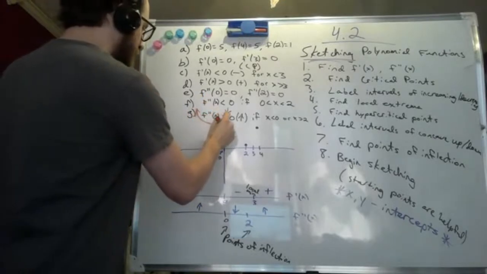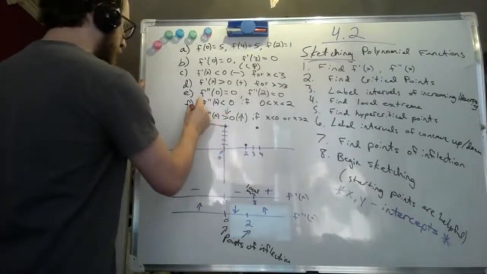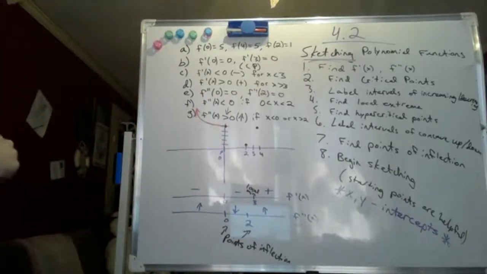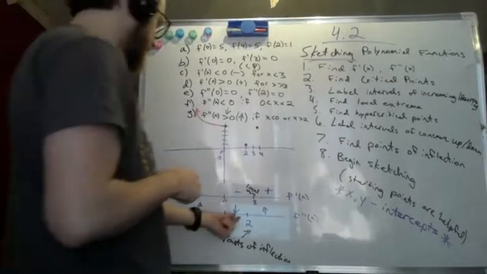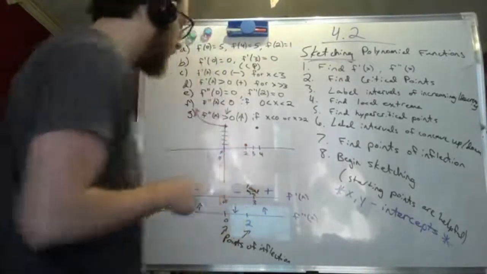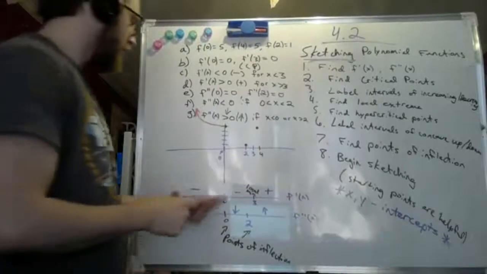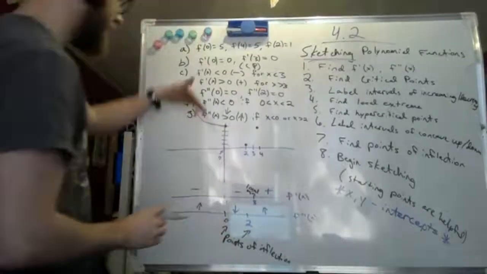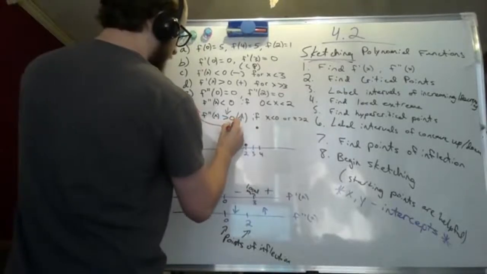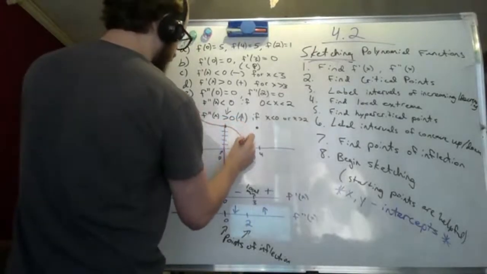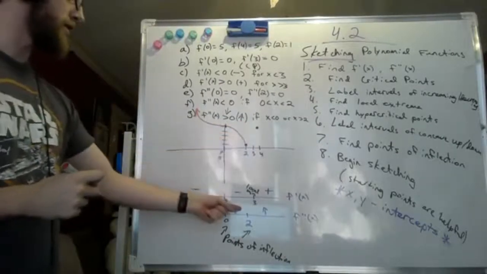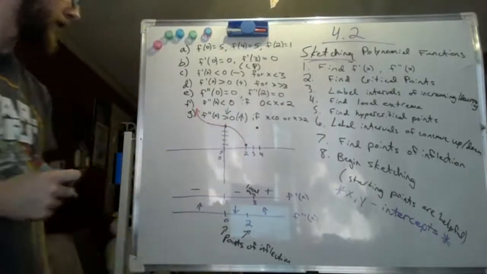It's decreasing as it approaches 0, and it's also concave up. All right, so far so good. Now what? Well, in between 0 and 2, and it's important to mark this 2 because that's a point of inflection, we have that it's decreasing and it's concave down. So we are decreasing, but the curve is facing downward. So be very careful about this stuff when you're drawing with the concavity differences.